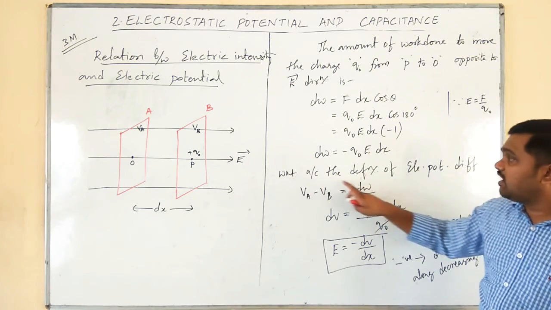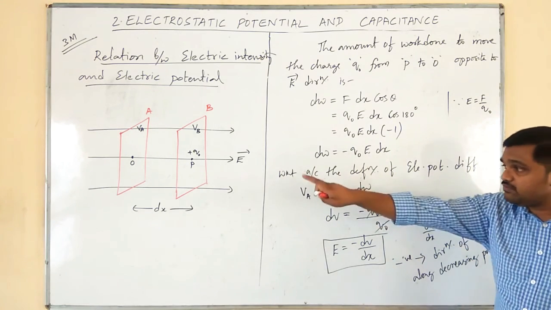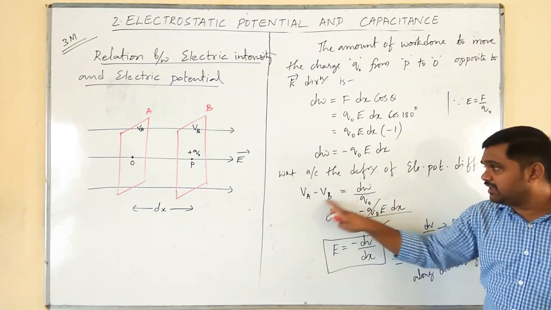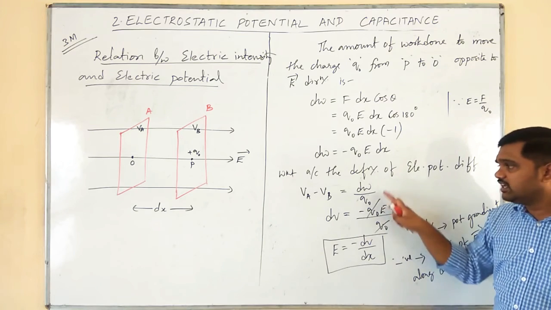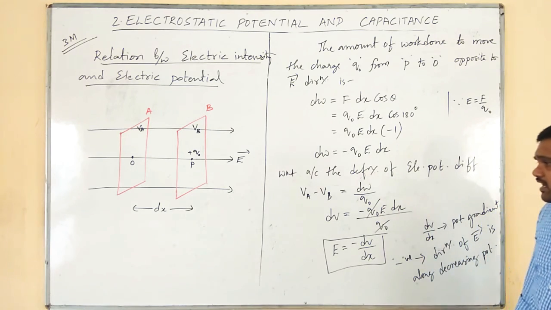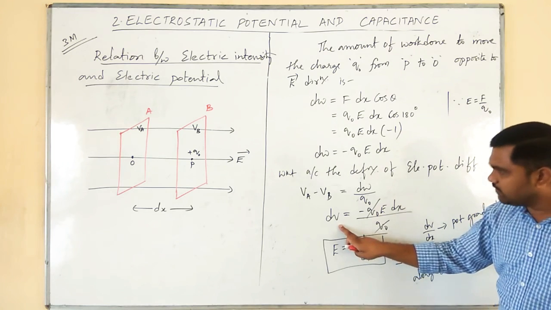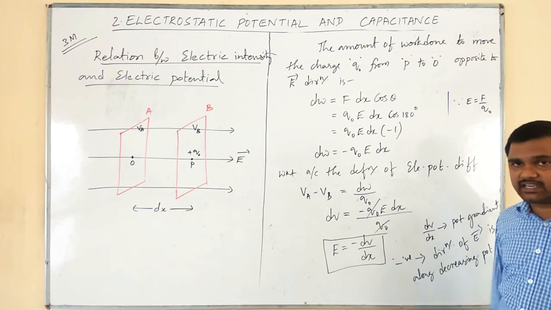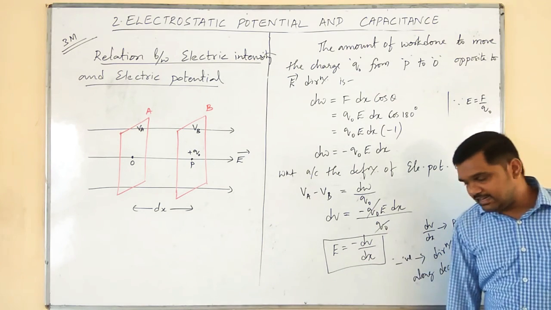And according to the definition of electric potential difference, VA minus VB, that is the potential difference between A and B, is nothing but the amount of work done to move that charge, dW divided by Q naught. Therefore, VA minus VB, I have written as dV. Next, Q naught cancels, and the remaining thing is E is equal to minus dV divided by dx.